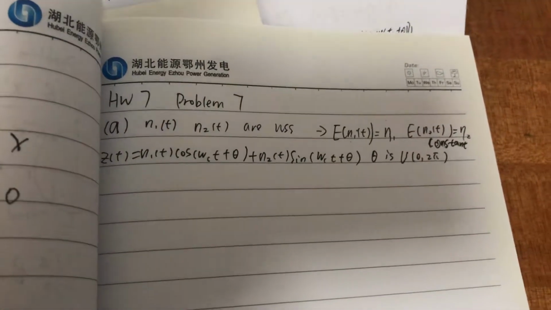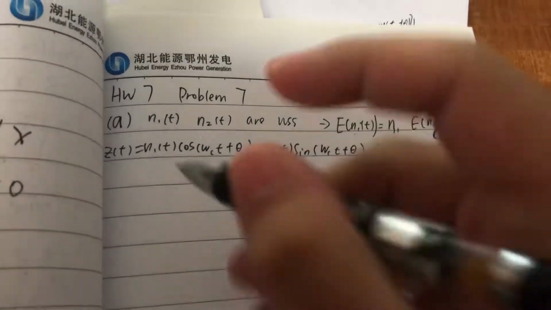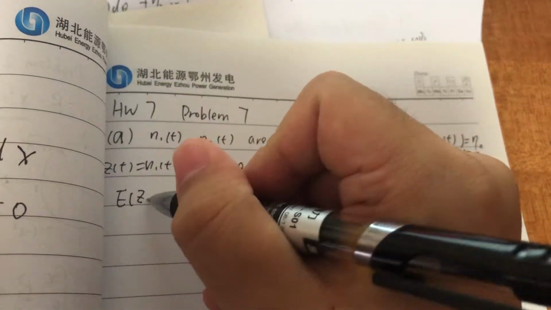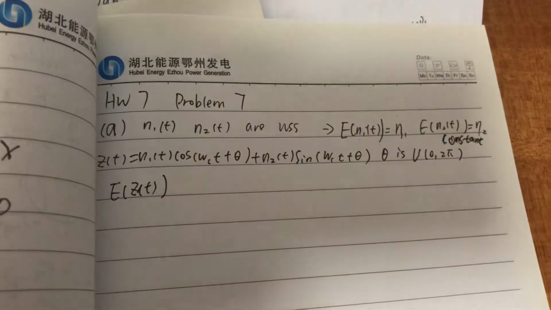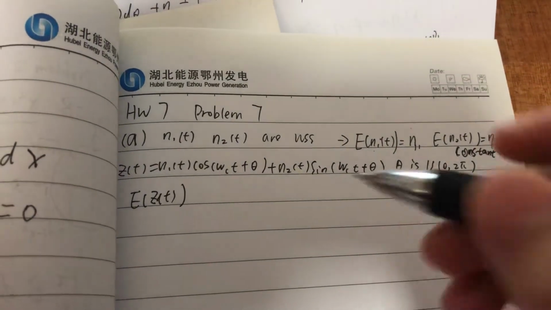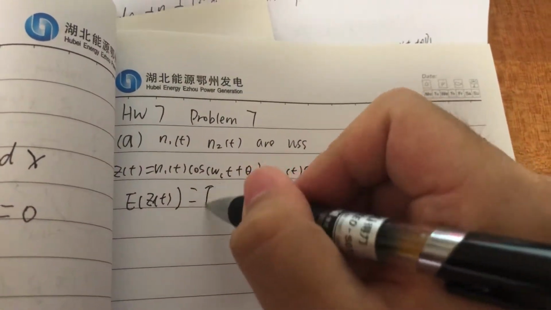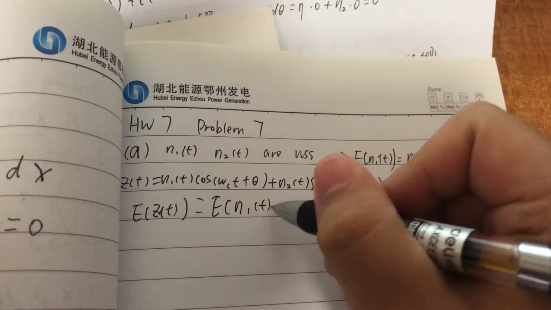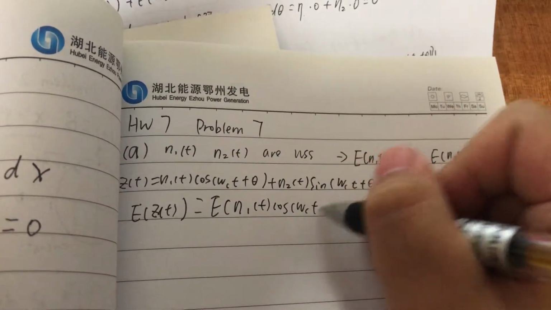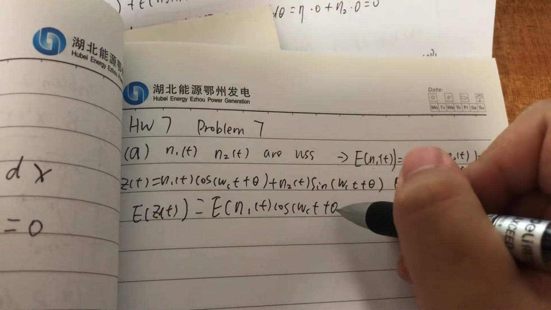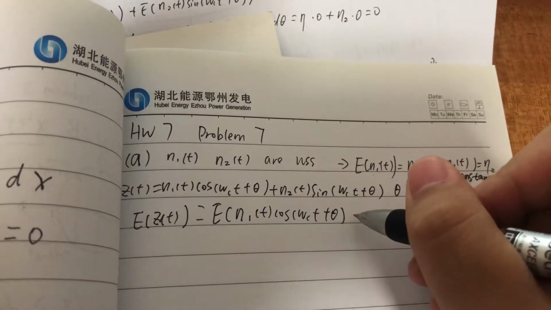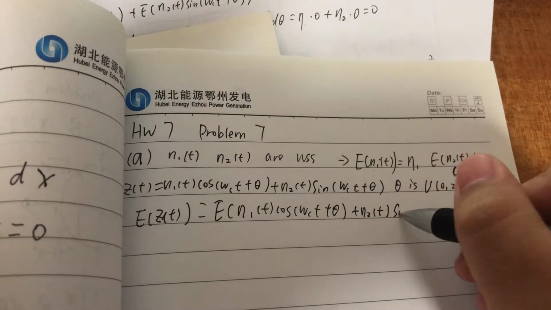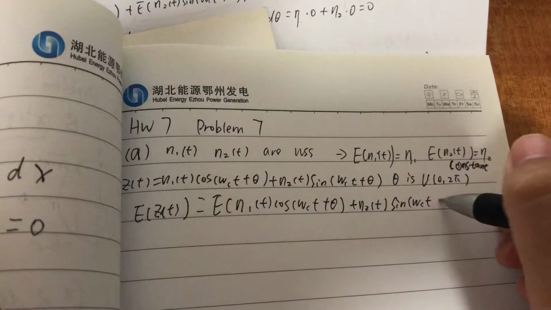Okay, let's do the first question: find the mean of Z(t). For this one, we just plug in the function, E of N1(t) cosine(wct plus theta) plus N2(t) sine(wct plus theta).